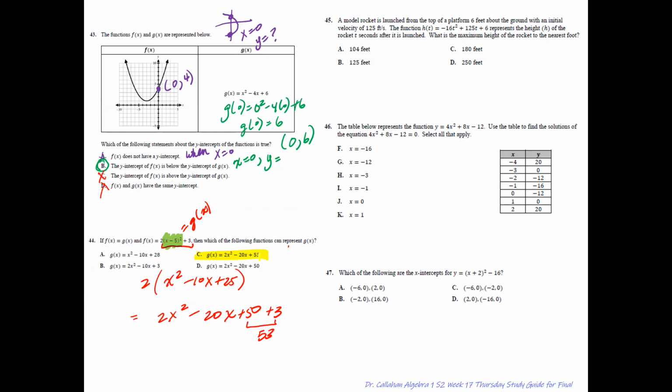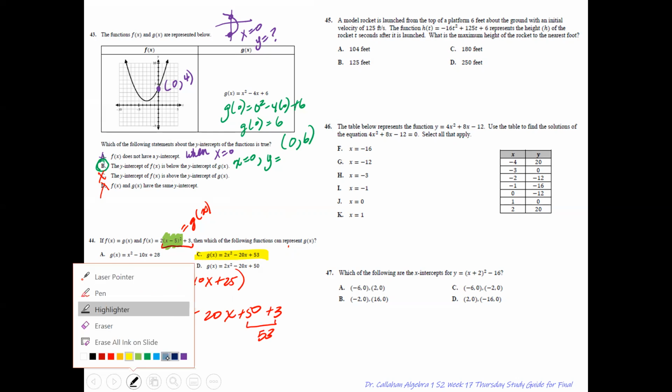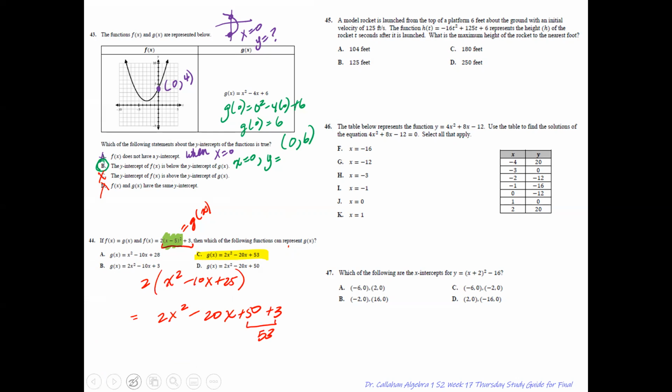All right, 45. A model rocket is launched from the top of a platform 6 feet above the ground with an initial velocity of 125 feet per second. This is the function representing the height of the rocket. What is the maximum height of the rocket to the nearest foot?